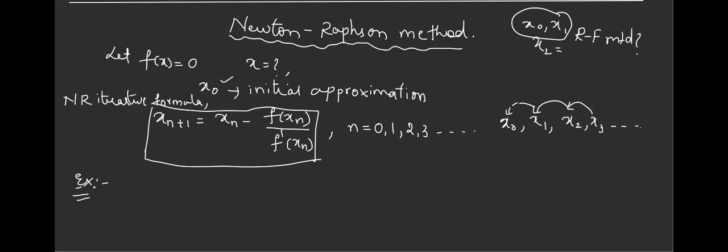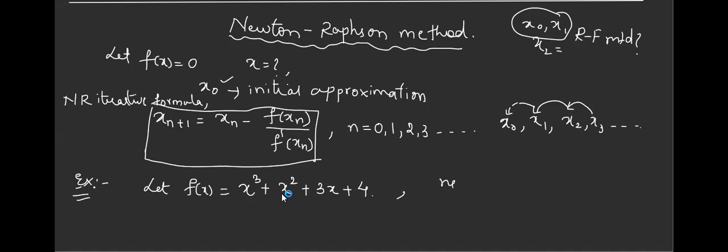Okay, so now what we have to do here is, first thing, you have to take f of x equal to the given function. You should take it in a way that all the terms are on one side and you remain with a 0 on the other side. No problem, in this it is given like that. So f of x is x cube plus x square plus 3x plus 4.